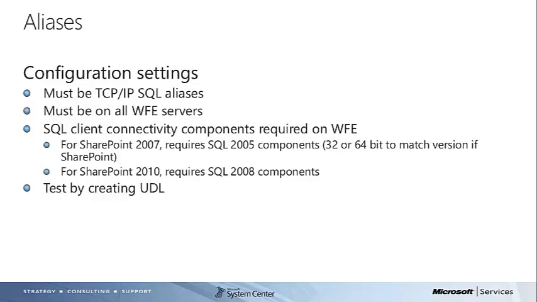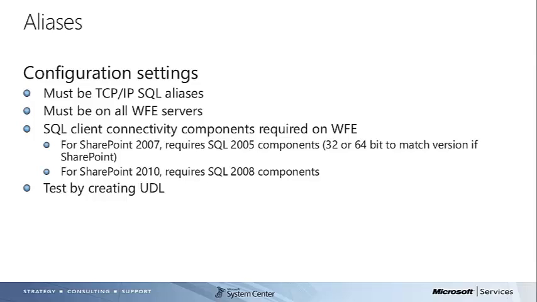The reason I'm pointing this out is because it's feasible for SharePoint to work fine without this, and it's also possible that DPM will appear to work fine, but then it'll inevitably run into a problem if all of these aren't met specifically. And if you're on SharePoint 2010, then we would use the SQL 2008 components.